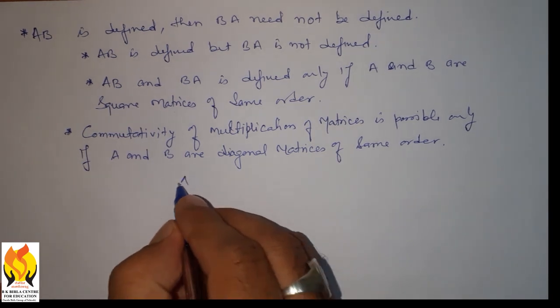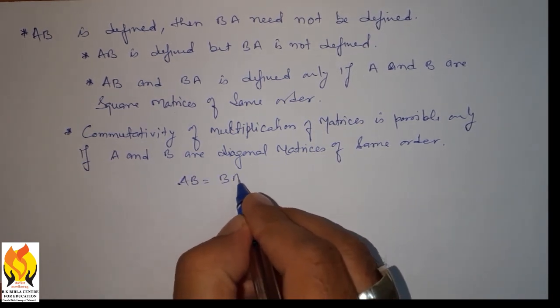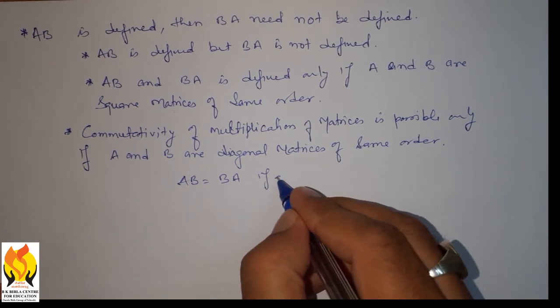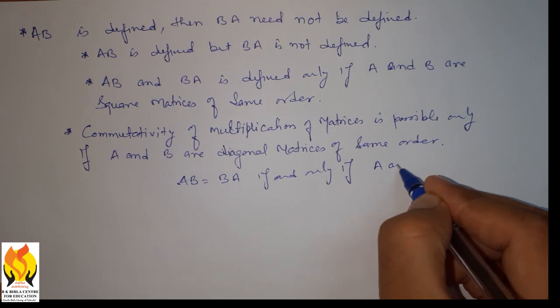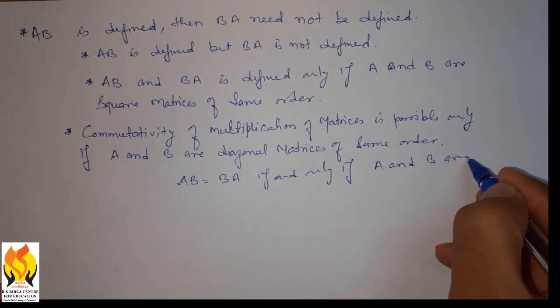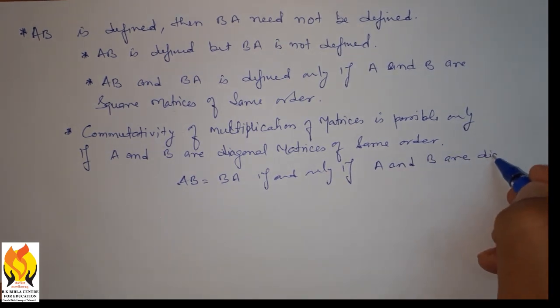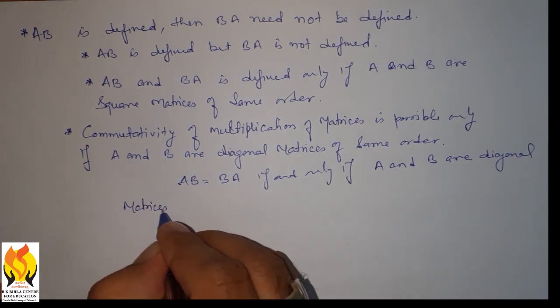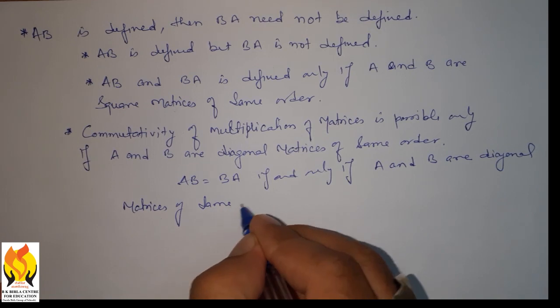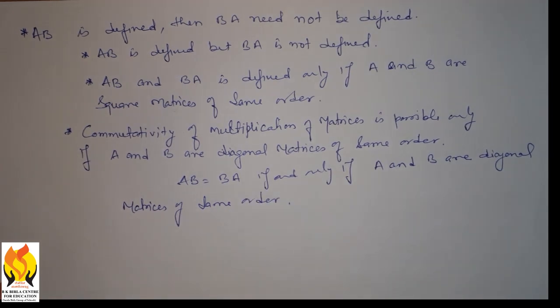Means AB is equal to BA if and only if A and B are diagonal matrices of the same order. Make sure of it.